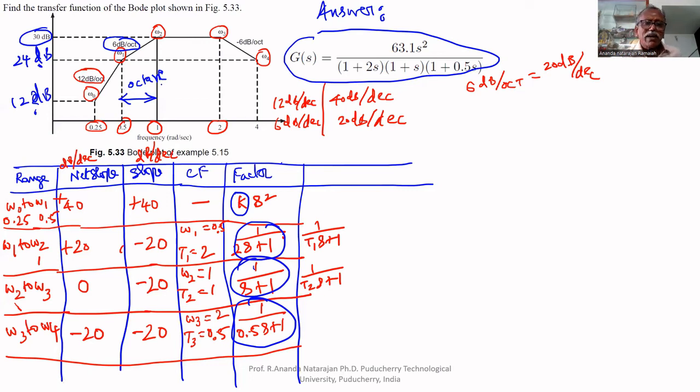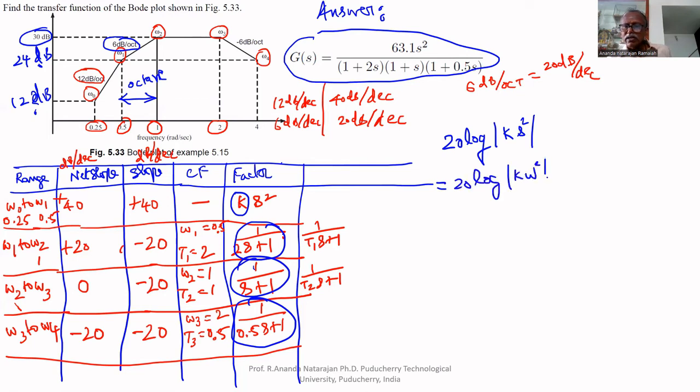Let us use omega 1 to find K. 20 log modulus of K s square equals 20 log K omega square equals 24, where omega equals 0.5. Therefore, 24 divided by 20 equals log of K times 0.5 square.